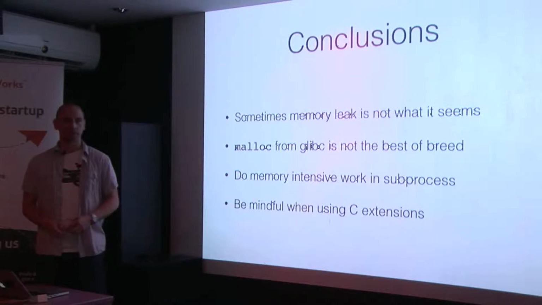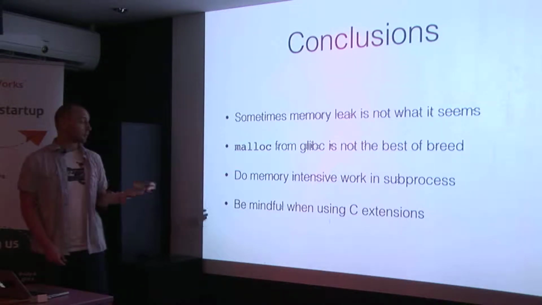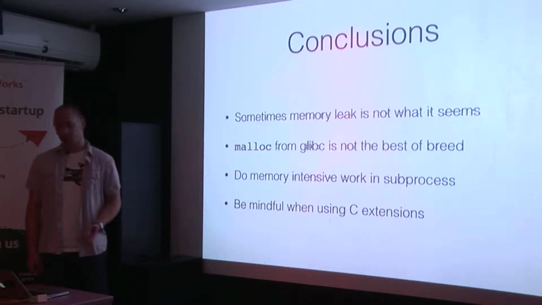ModWhiskey is a C extension, and it's probably written well, but at some point they're bound to have some memory leaks, or maybe not memory leaks, but they're not using memory in a way I would like. So I've stopped using that, and it also helped.